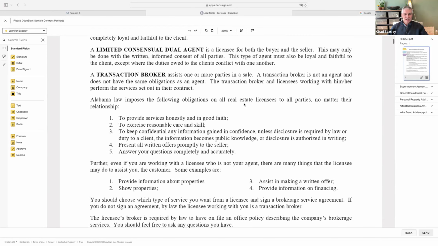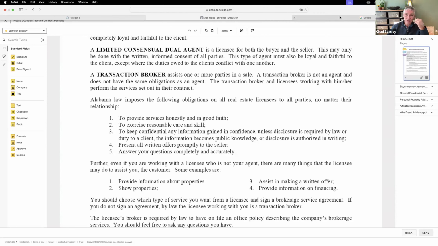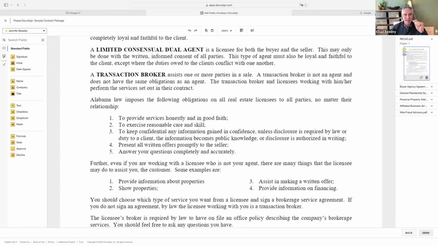Transaction broker is when you are not acting as an agent for one of the parties. I would say the place that I personally have run into this most is, say I have a listing and somebody just calls me off of the sign on that listing and wants to see it. I've never met them before and have no relationship with them, and they decide they want to buy that house.